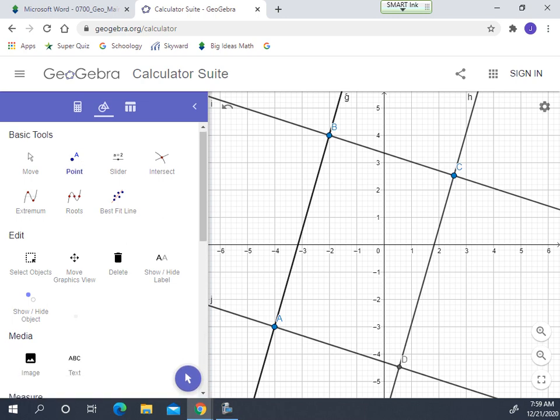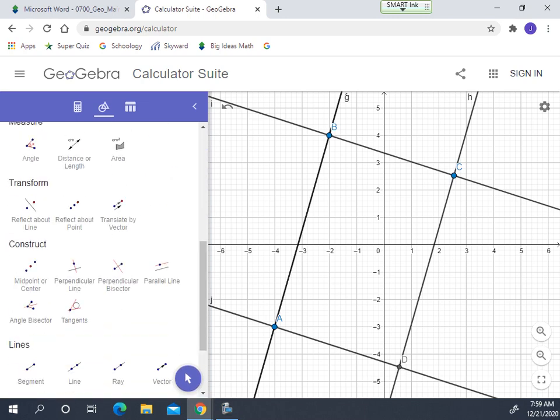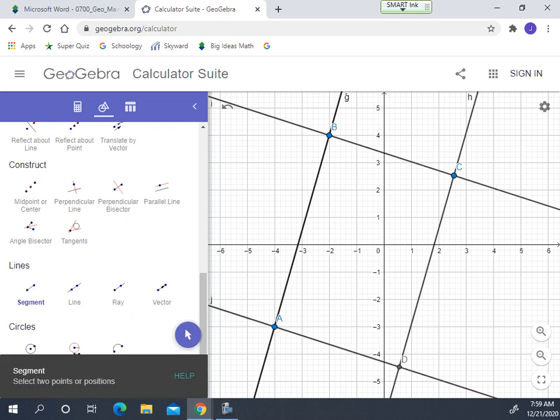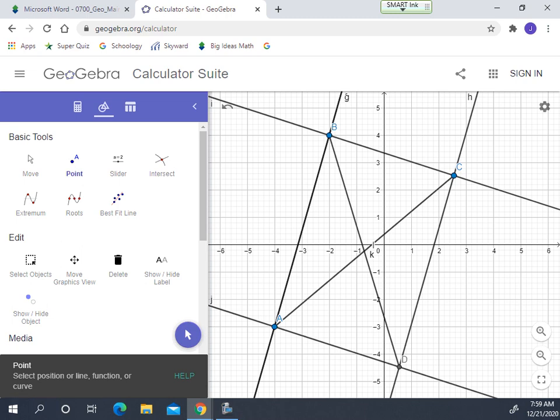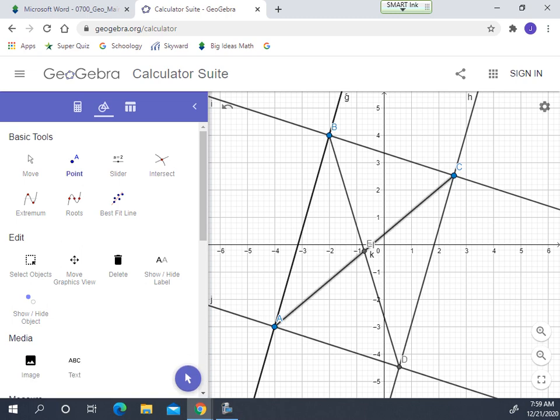Now I want to make those diagonals. So I'm going to make a segment from A to C, and a segment from D to B. There's my diagonals. And I have a new point right on my intersection, right there, point E. I'll show the label, get rid of that. Okay, there we go, point E.